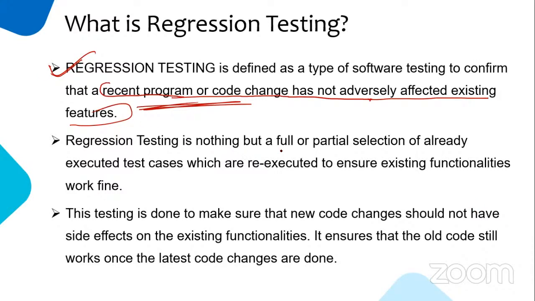So regression testing is nothing but full or partial selection of already executed test cases which are re-executed to ensure that existing functionality is working fine. It was working fine, but I need to test it because new code is added. So I'm going to test the full application or choose some test cases.